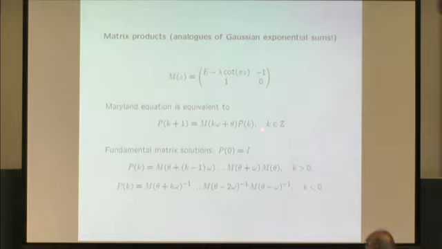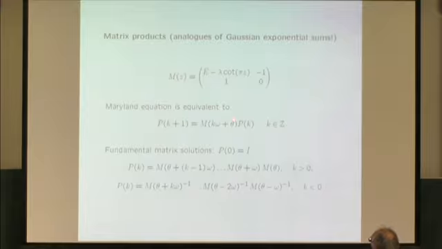Here M is a 2 by 2 matrix described by this formula. You have here spectral parameter minus lambda times cotangent, and this first order matrix equation is equivalent to the second order difference equation, the Maryland equation.